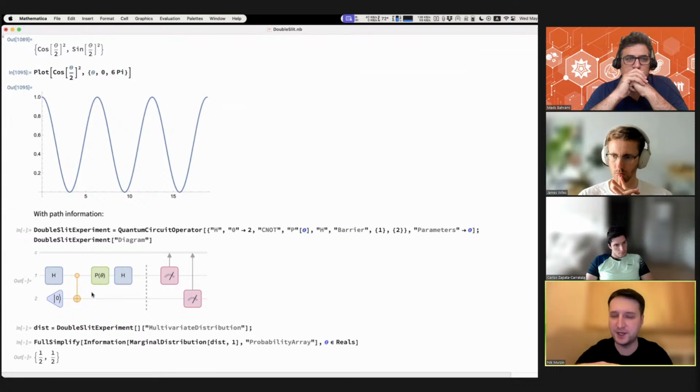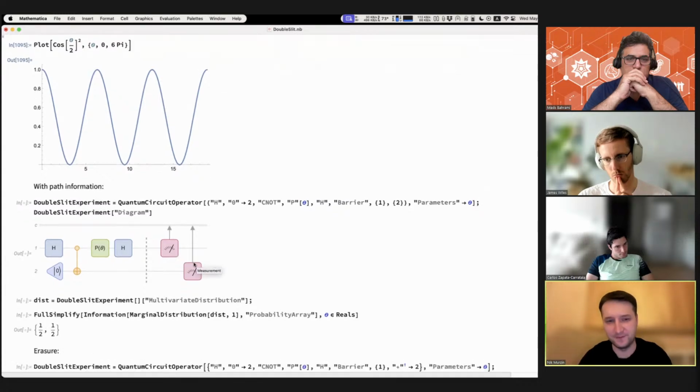You model the correlation between the photon and this measurement device with a controlled node. Basically, you condition whether you measure 0 or 1 on the direction the photon has already chosen, and you measure both of them.